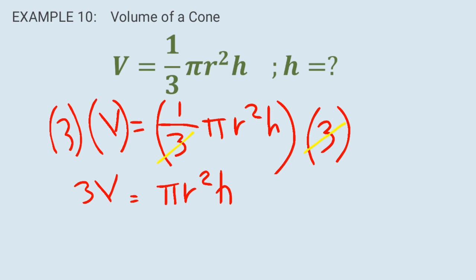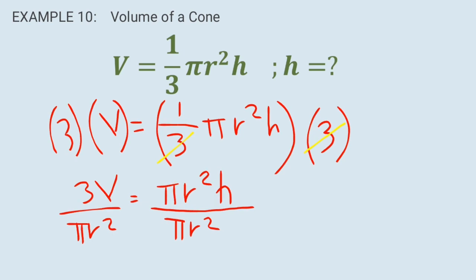So we have to find the h. What are the variables that are beside h? It is pi r squared. So we have to eliminate that one. By eliminating that one, we have to divide both sides by pi r squared. And now we are left with what?